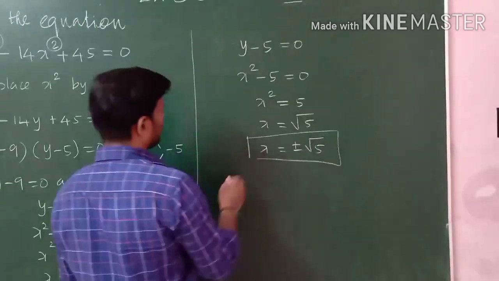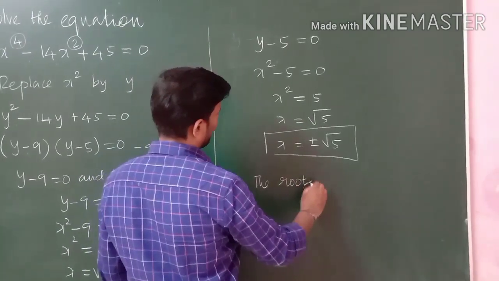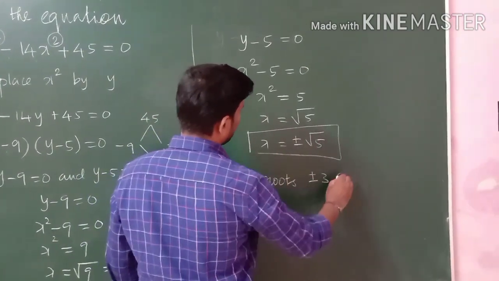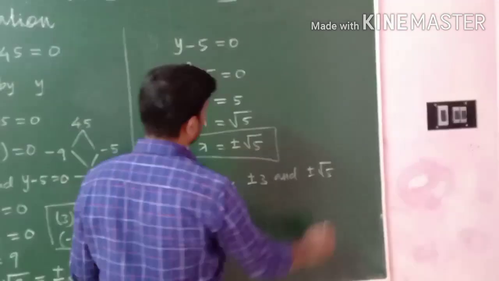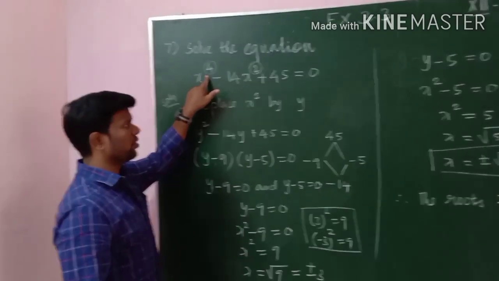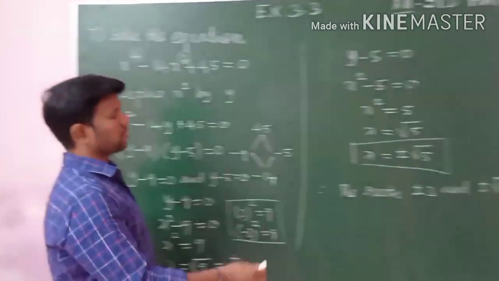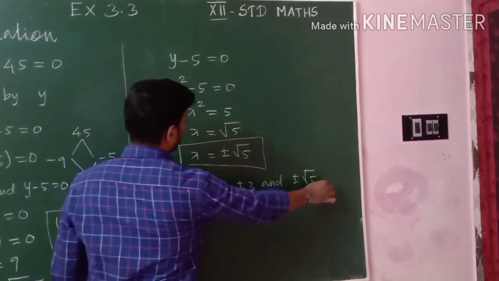So again we will get two roots. Therefore the roots are plus or minus 3 and plus or minus square root of 5. Our degree of equation is 4, so we have to get 4 roots. The roots are plus or minus 3 and plus or minus square root of 5.